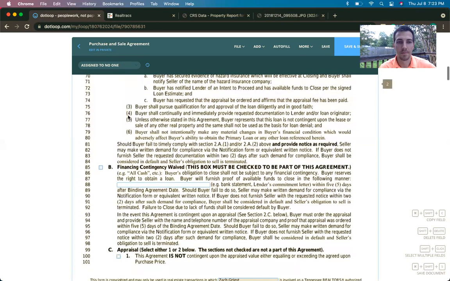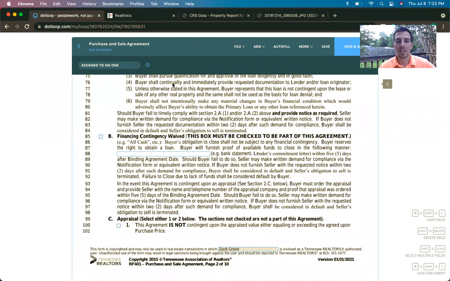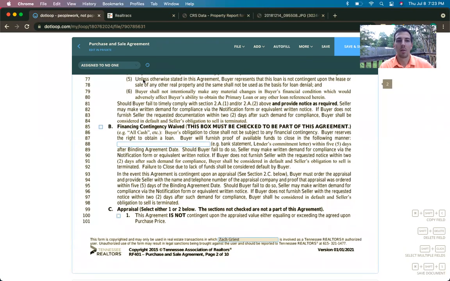Line 75, buyer shall pursue qualification for and approval of the loan diligently and in good faith. There it is again, good faith. Buyer shall continually and immediately provide requested documentation to lender. Now, line 77 is very important. Buyer represents that this loan is not contingent upon the lease or sale of any other real property, and the same shall not be used as basis for loan denial.